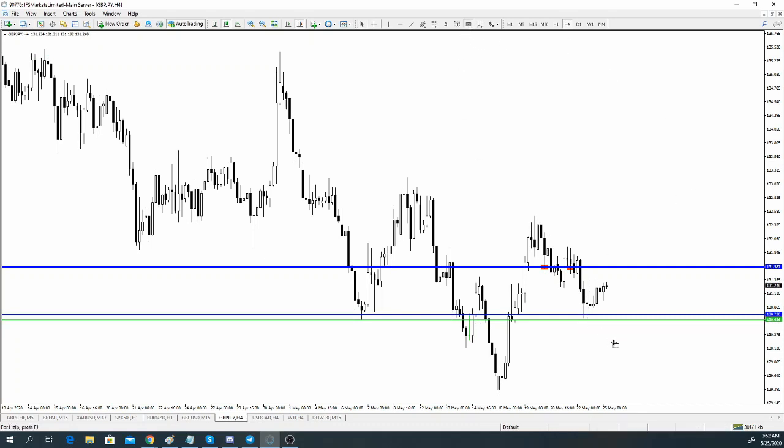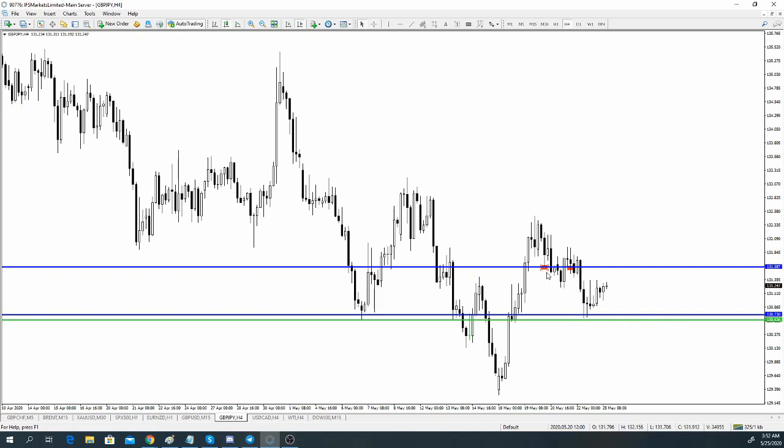Now, the level that I chose here is the 130.63. Why? Because this is a level that was tested strongly on the 4-hour chart, and not only that, but it was tested here, and then again here. So this is a big level on the 4-hour chart, and it confluences perfectly with our level on the 50-minute chart, right?